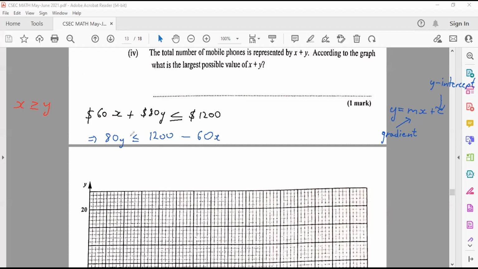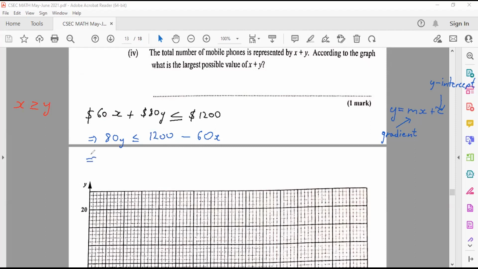Now, all of these numbers here are divisible by 10. Let's just divide everything through by 10. You know what? Let's not do that. Let's solve it properly.